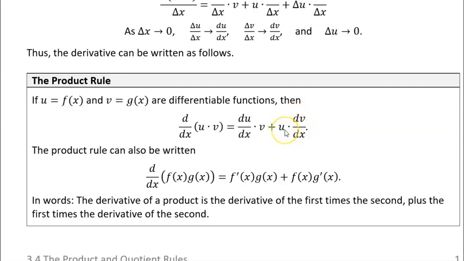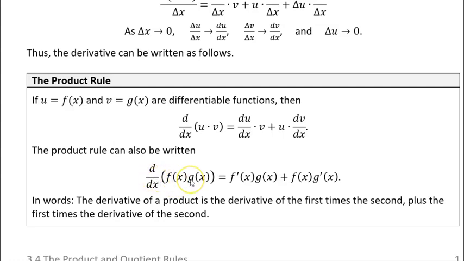Okay, so that's the first times the derivative of the second function. All right, so you can write it this way using Leibniz notation, or you can see down here we've written it in function notation.